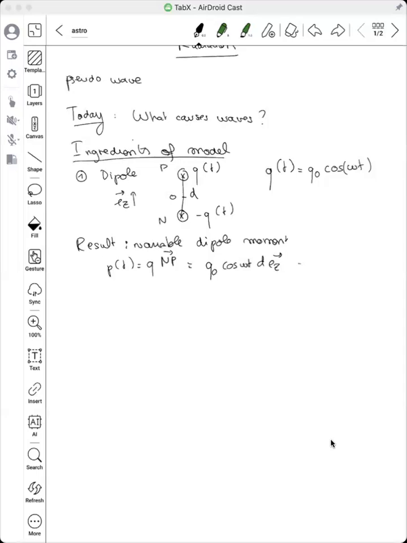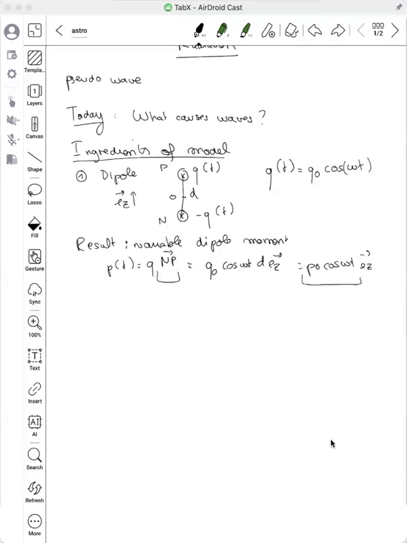And this is equal to P0 cosine omega t ez. And you see that I could have the exact same result, this varying dipole moment, if Q was fixed and d was the part that was oscillating. This is just what I mentioned, that we would reach the same result, but it will make it harder to derive things later. So this is the mental picture that we choose.